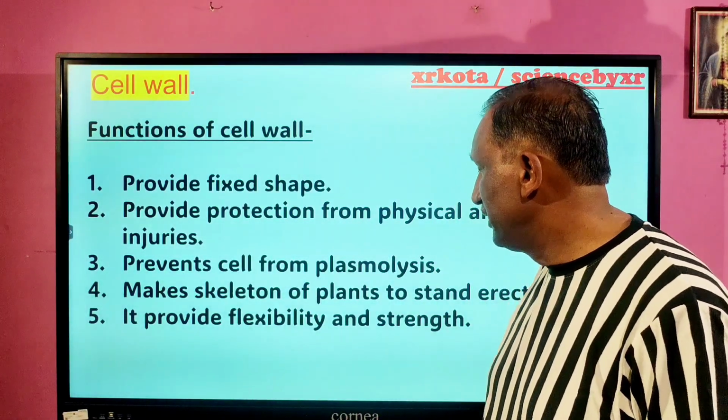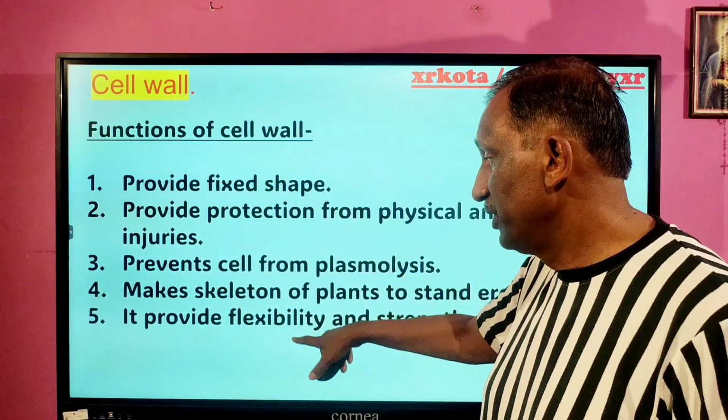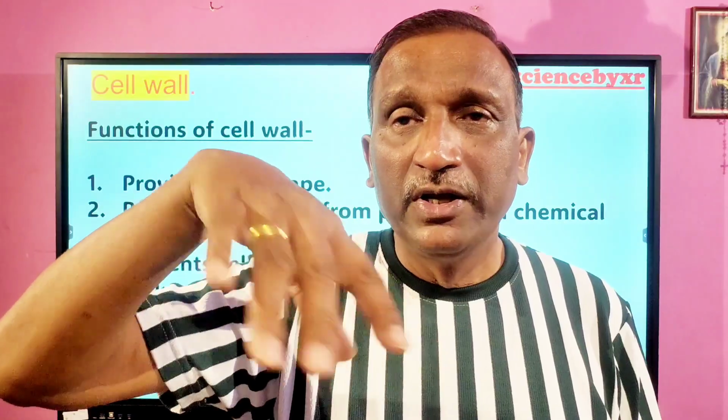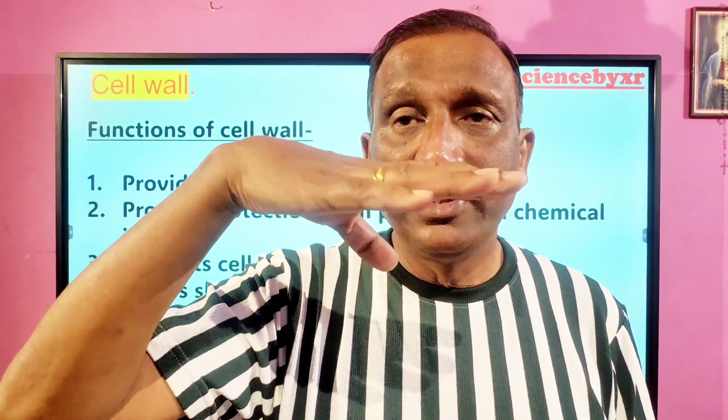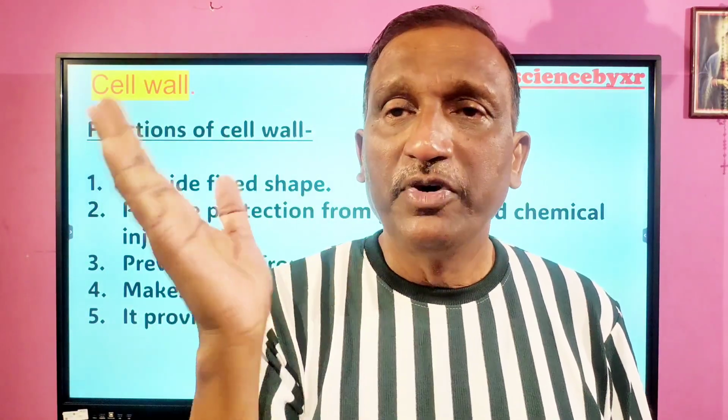It provides flexibility and strength. Now I am saying it is providing fixed shape. That flexibility कहाँ से आ गया? देखिए, in certain parts you might have seen when the wind blows, the leaves keep shaking. Okay, now why is the leaf shaking? If it is rigid, then it should remain like this only. It should not move. पर वो leaf ऐसा नहीं है, वो उसकी stalk सहित हिलता रहता है.